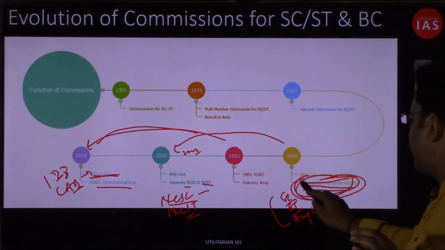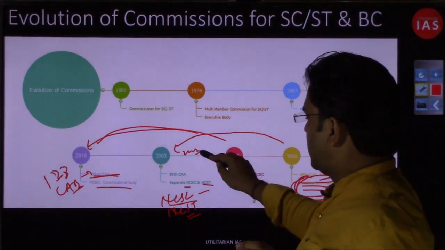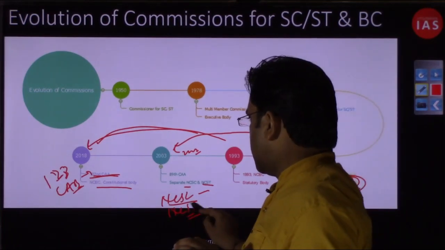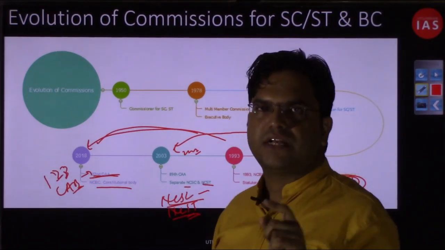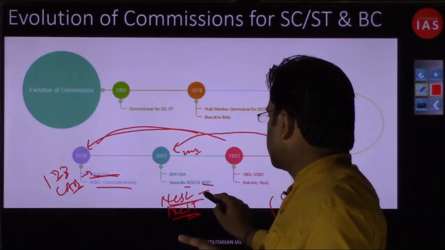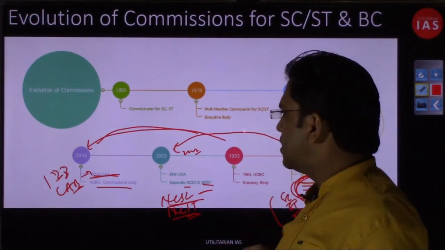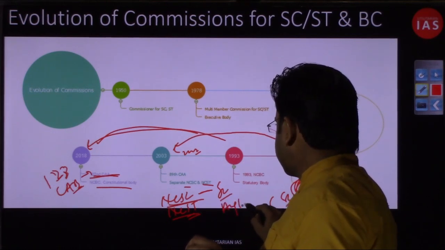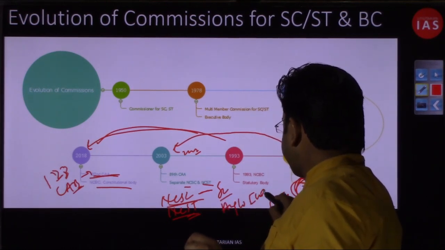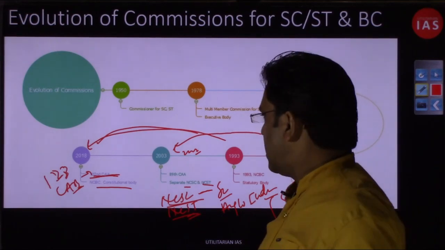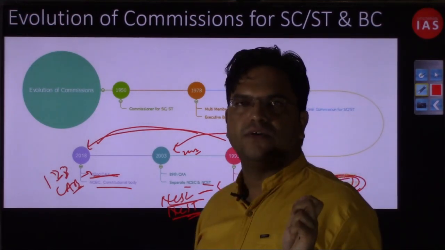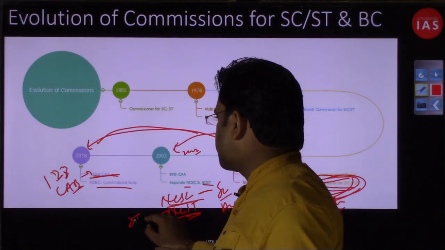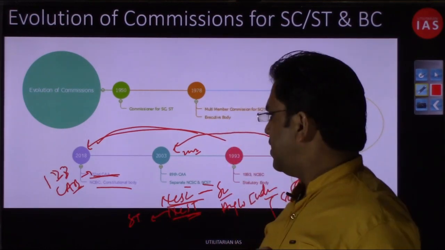After the bifurcation in 2003, the NCSC was given the responsibility to take care of the interests of SCs as well as Anglo-Indians. As far as the NCST was concerned, it was given dedicated responsibility to take care of the interests of STs only, right?